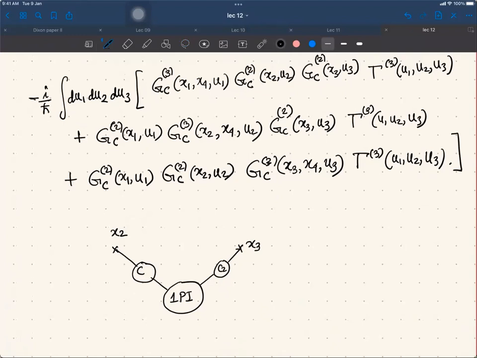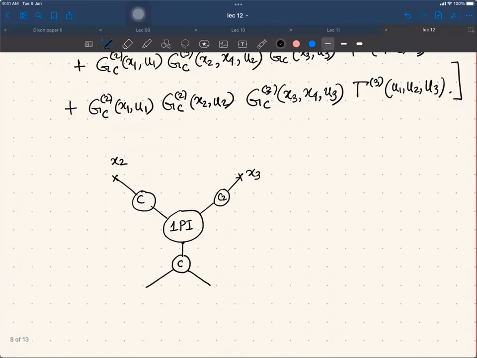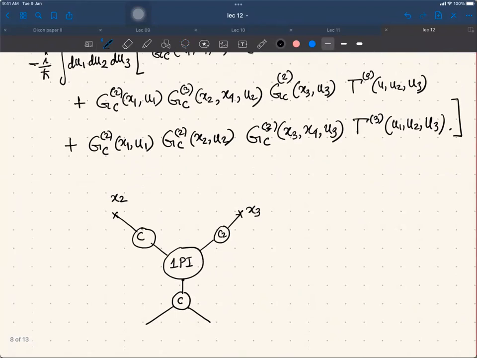So this is u1, and then from u1 I should be drawing a connected 3-point vertex, and they are going to x1 and x4.